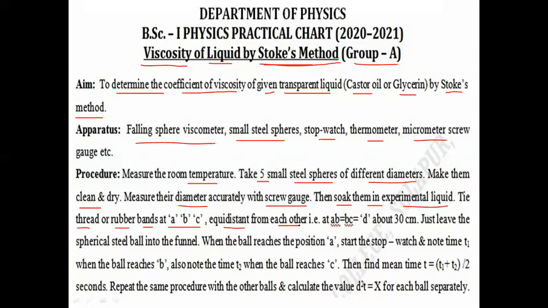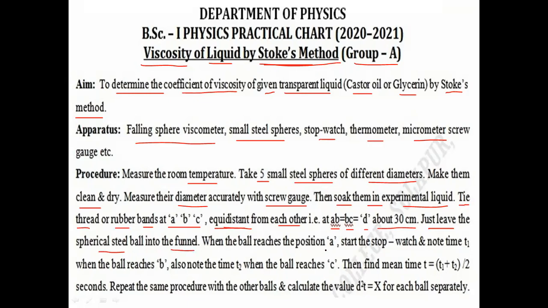I shall show you the figure of the experimental arrangement so that you will understand this sentence, that is, tie the threads or rubber bands at A, B, C equidistant from each other. Length AB is equal to length BC is equal to length CD, which is about 30 centimeter. Just leave the spherical ball into the funnel.